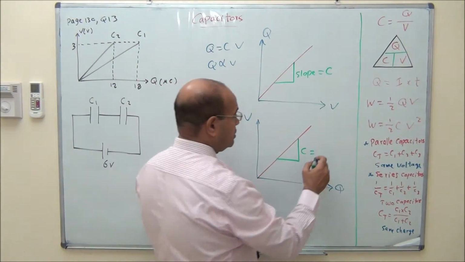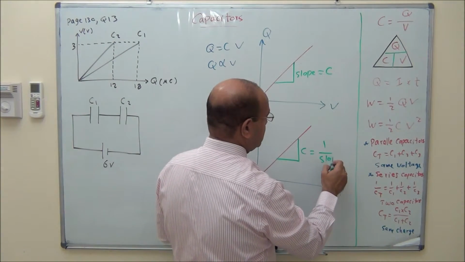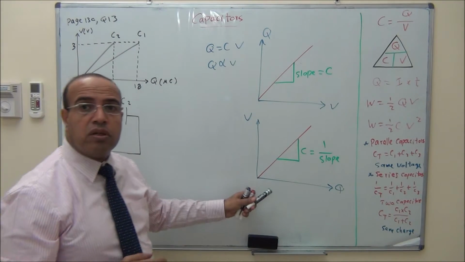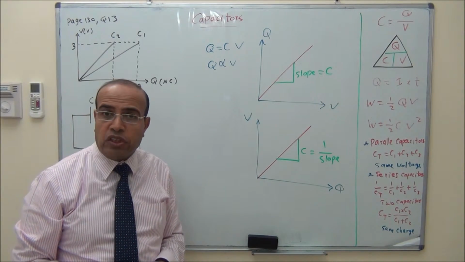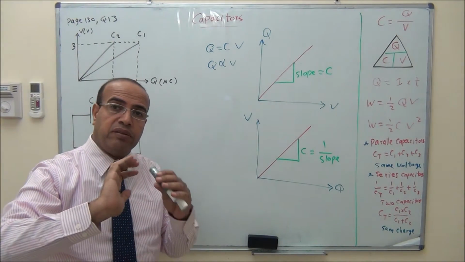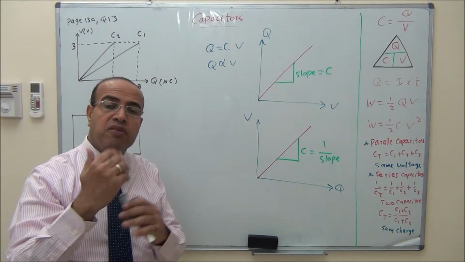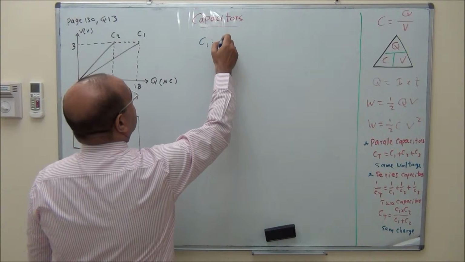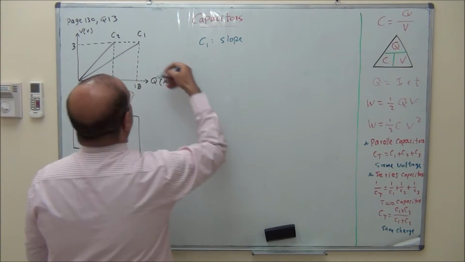No, the capacitance C equals 1 over the slope. In this case, this is the voltage and this is the charge. So we find the slope of each, and reverse it, flip it.